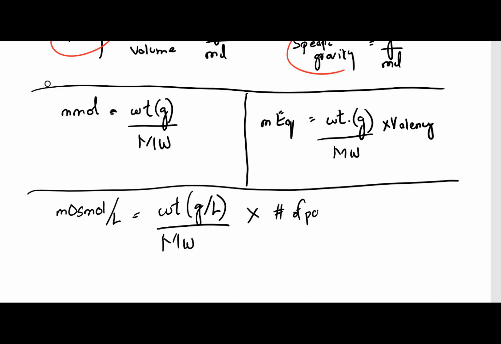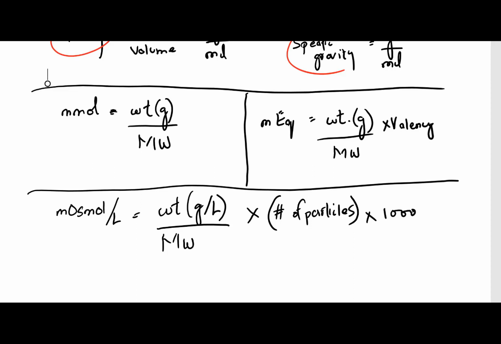Number of particles, I'll talk about that in a minute, what that means. Multiply by 1000. That's the equation for osmolarity. Milliosmol per liter is equal to weight, it should be in grams per liter, divided by molecular weight times number of particles times 1000.